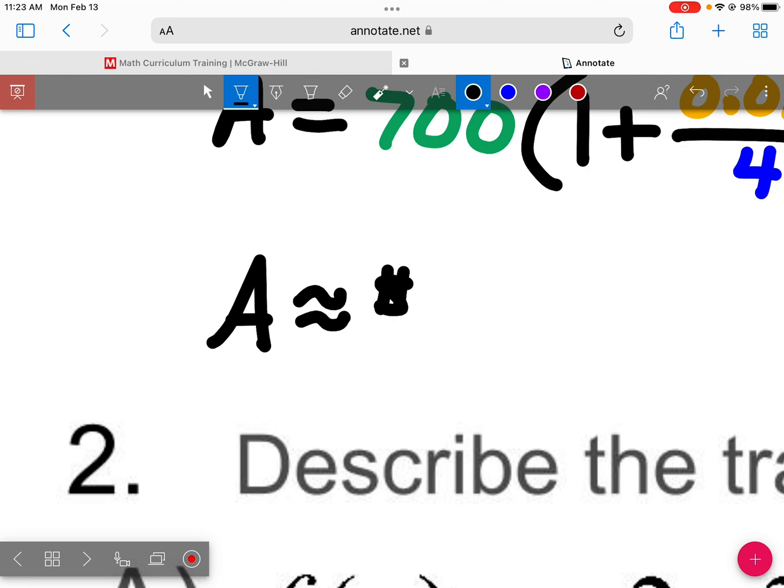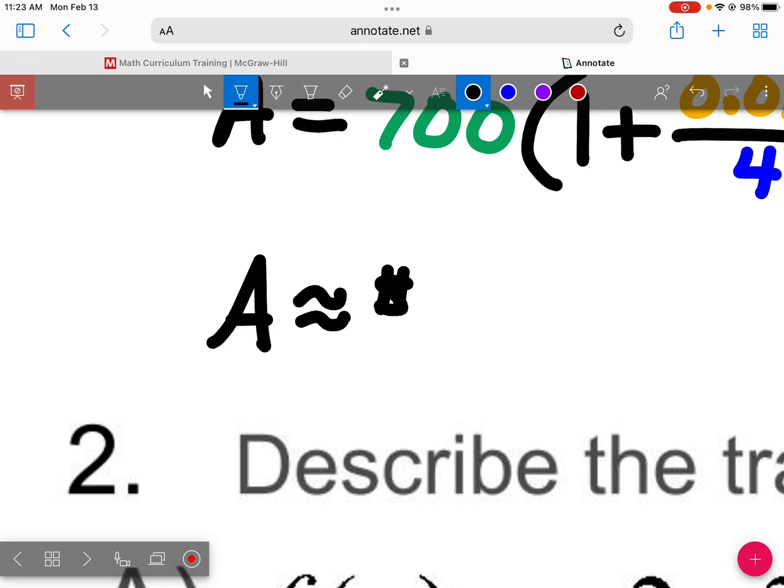What do you get when you type this into the calculator? For the first one, I got 770. I got about 2 minutes. 770, 38.